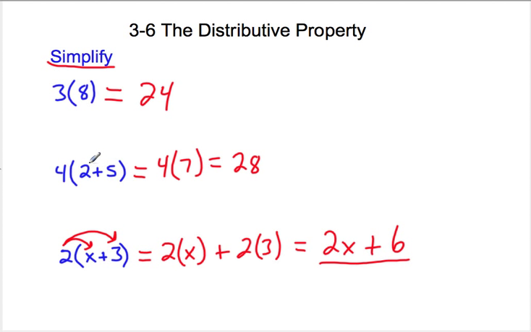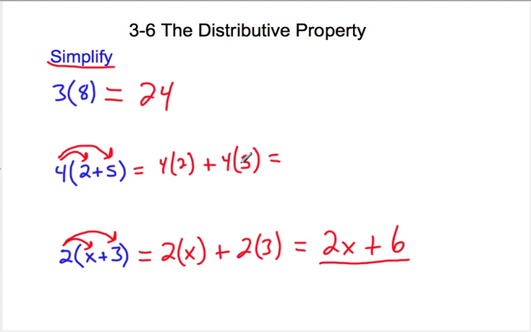However, just to show you that it does work with actual numbers, let's do it in this way. Remember, the answer was 28, so we'll remember that. And now I'm going to use the distributive property. So first, it would tell us to do 4 times 2, and then it's going to tell us to do 4 times 5. We're distributing this 4 to every item in the parentheses.